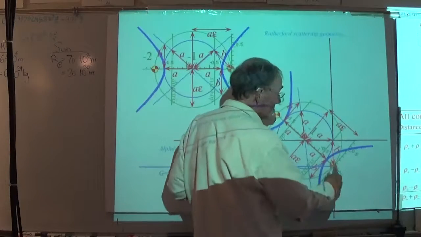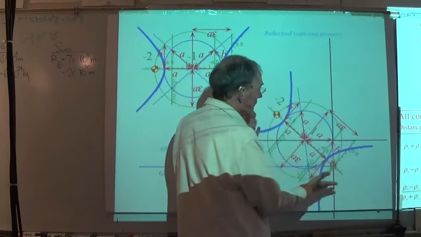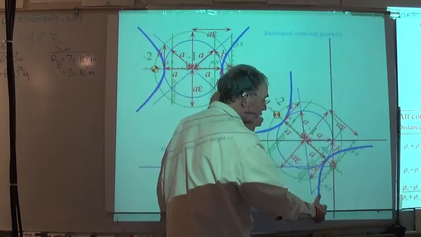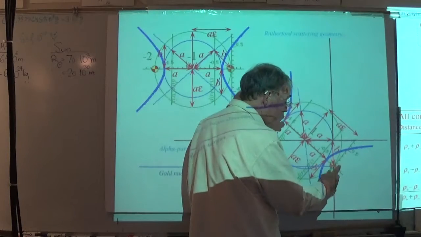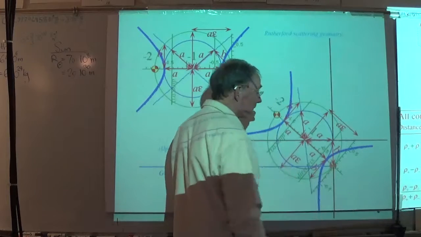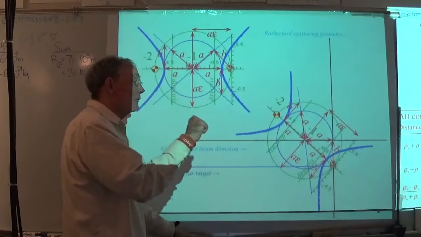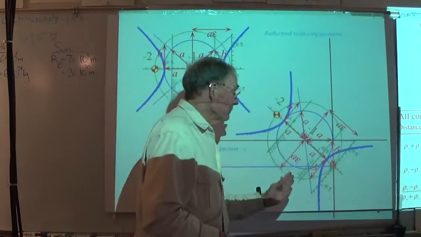This orbit here is repelled by this focus right here. So it's sort of a double thing. Just forget about this one if you're thinking about typical scattering. That is repulsive or else attractive to this. Rutherford's problem was positive alpha particles hitting positive nuclei, so that is a repulsive thing.